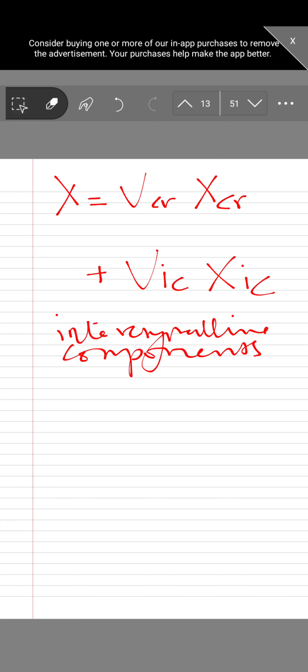So we take a cubic unit cell or a regular polyhedron unit cell of nanocrystalline materials.